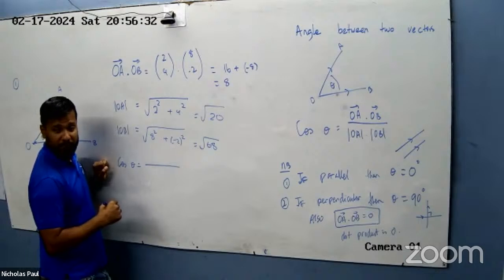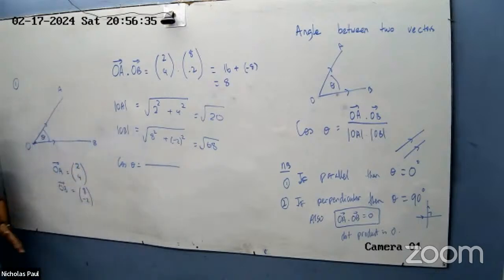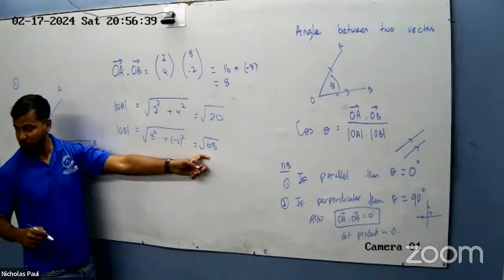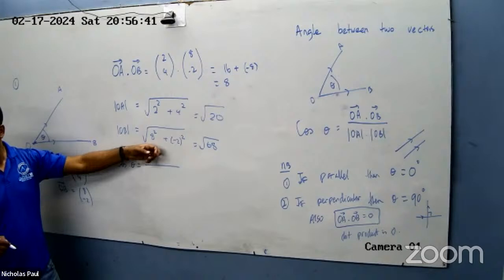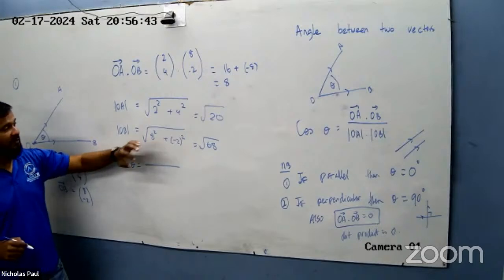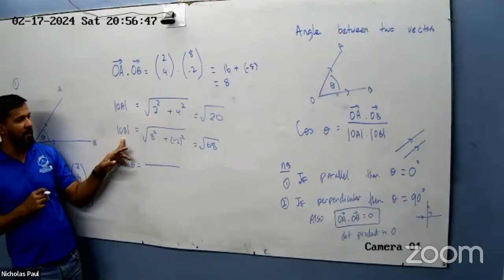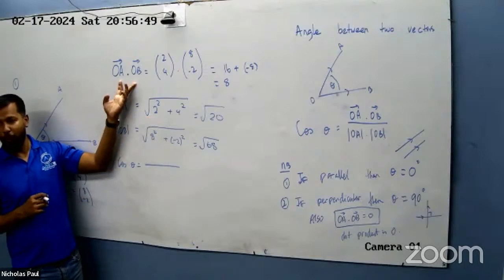Now, how do you find the angle? You have the magnitude, go around the top. Leave it just like this. So you work out the magnitude of OA, the magnitude of OB, and then the dot product.